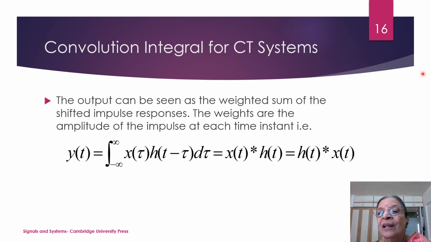There is a signal and then we decompose it into a staircase input, and each particular component of the staircase is an impulse, right? So how to calculate yt? Yt is calculated as xt convolved with ht, which is the same as ht convolved with xt. So we have to carry out the convolution of the impulse response with the input signal xt to get the output signal yt.